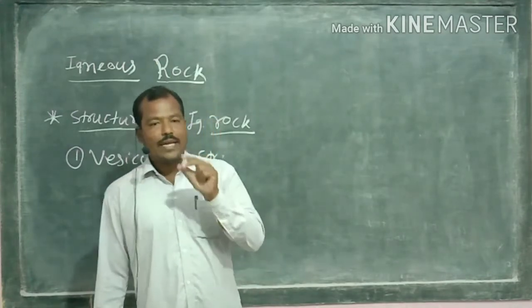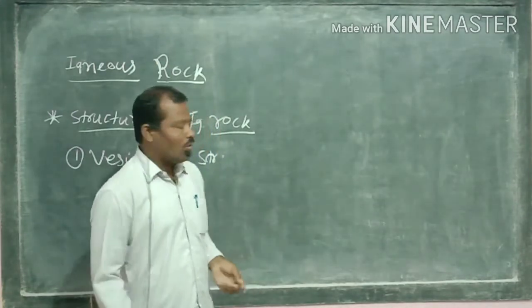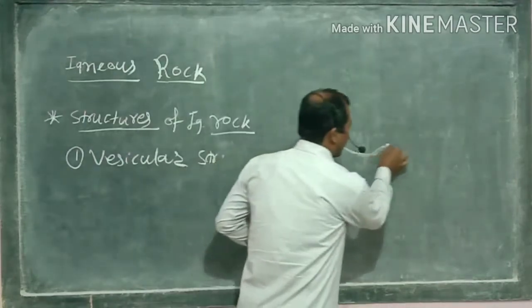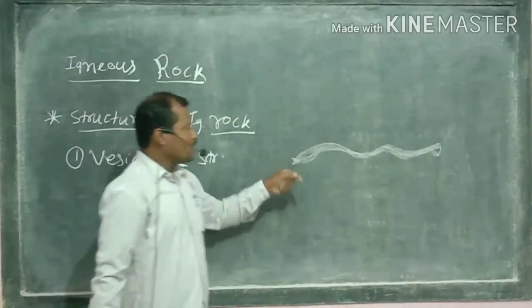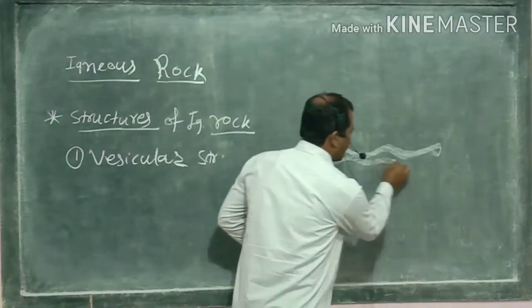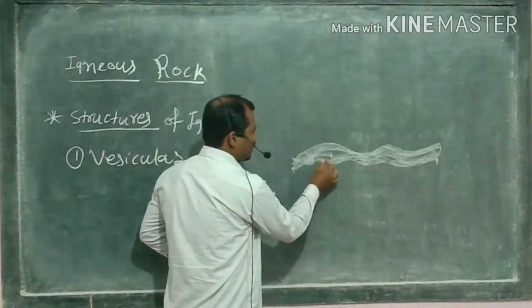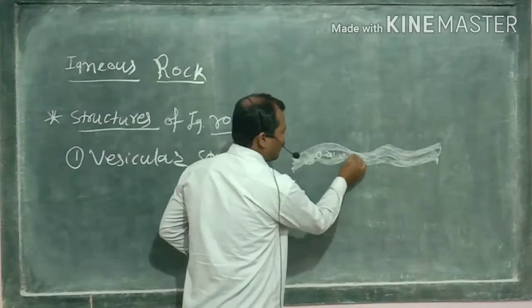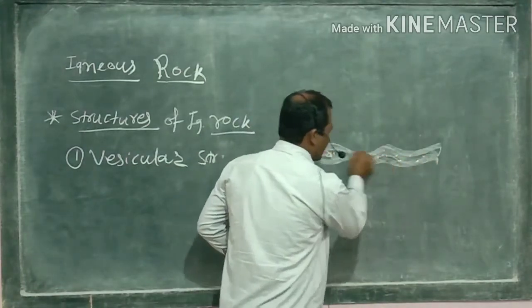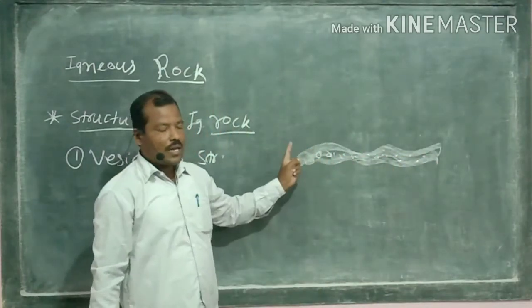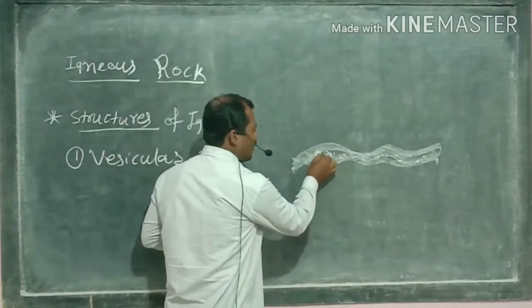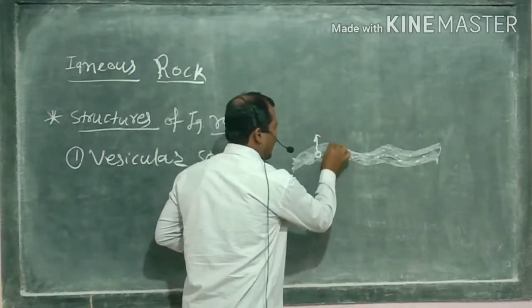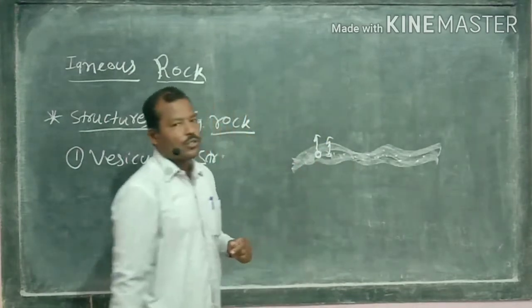Look at this. This is the volcanic material, that is the lava. In the upper part of this lava portion there is a numerous amount of volatiles and gases. Those gases try to escape, to be released into the atmosphere.